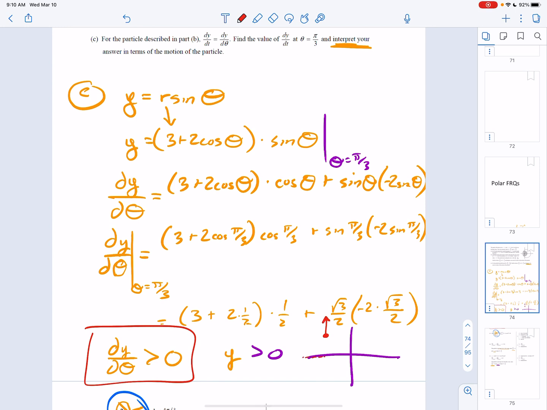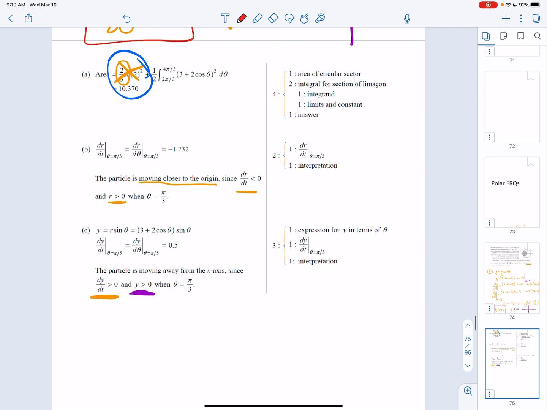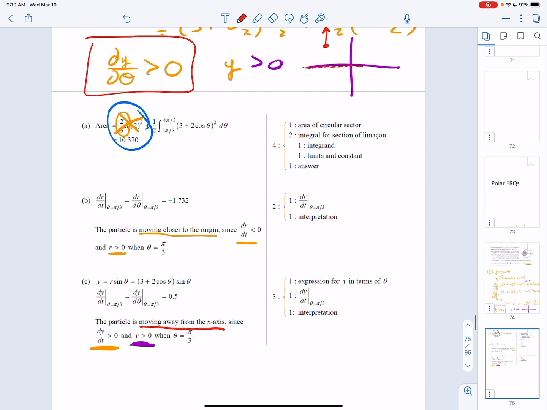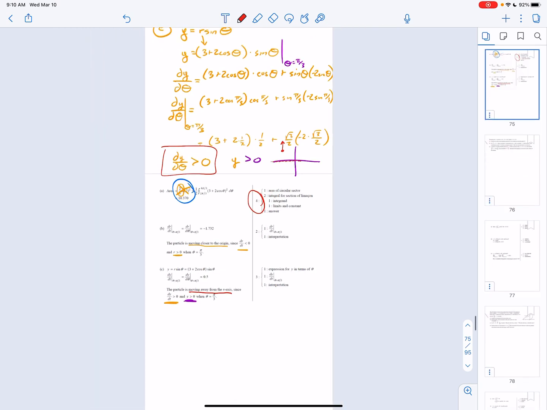So that means it's moving away or further from the x-axis. There you go. So you'll notice, even if you did get parts B and C, getting 4 points out of 9, that's still a good chunk of your points there that you can get. And you're still in good shape to passing that exam, okay? All right.